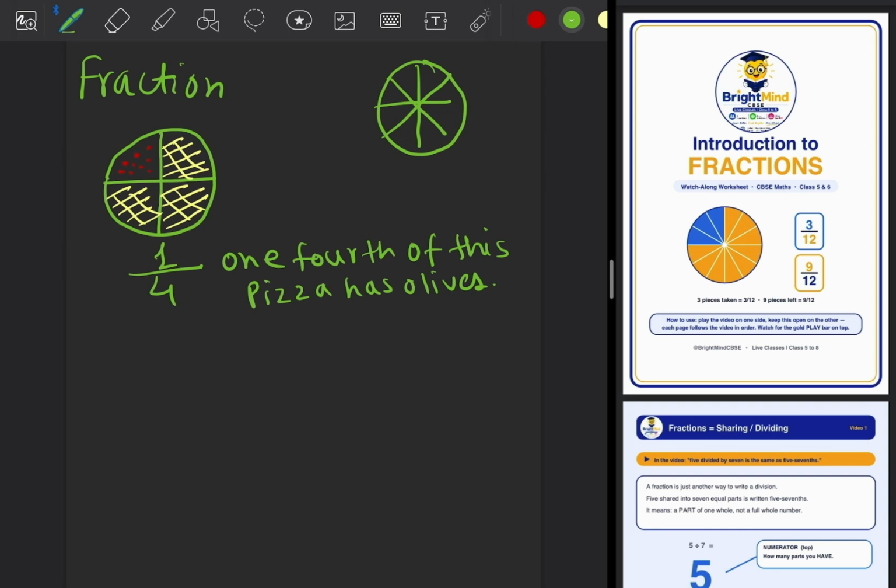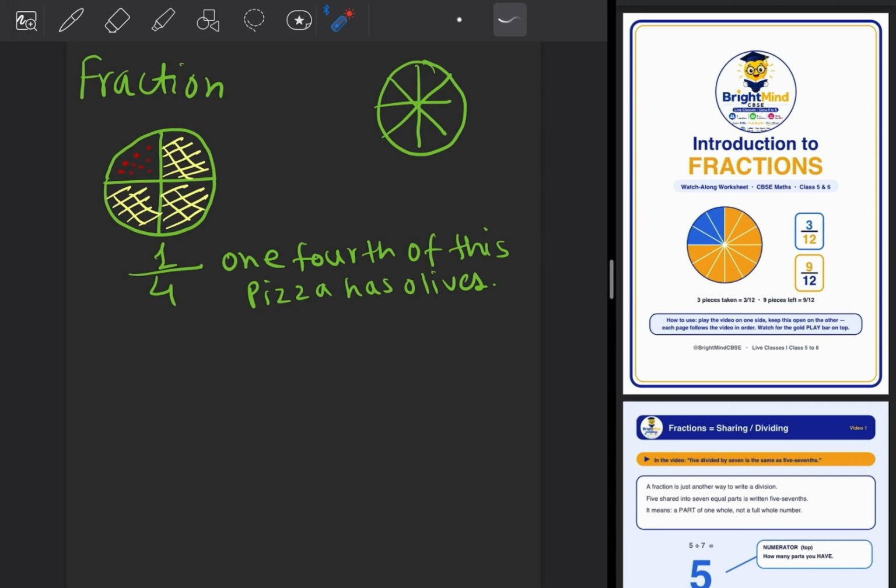Someone might say that a fraction of this pizza has only cheese. No. Well, this slice has cheese, but it also has olives, right? So we won't count it. Then we have 1, 2 and 3, these 3 equal pieces have only cheese. How many slices have only cheese?